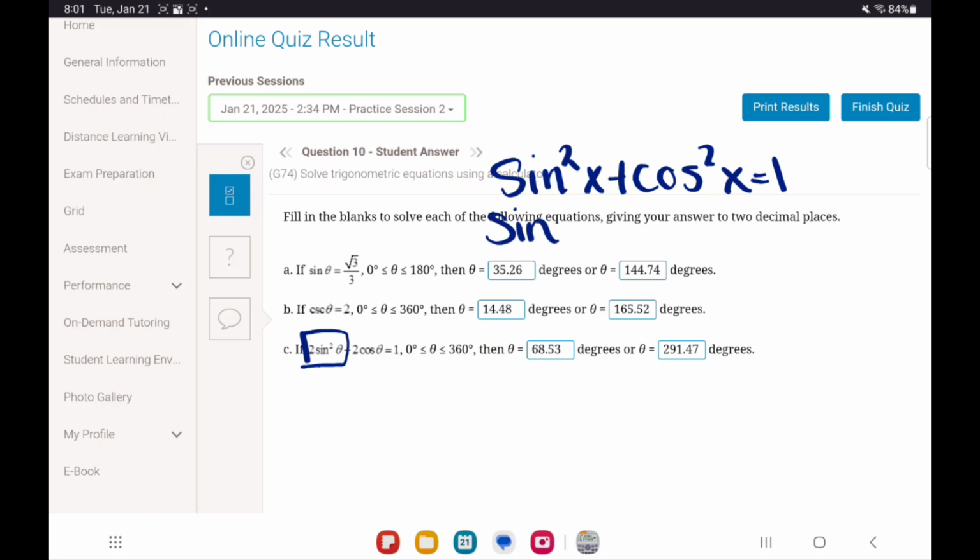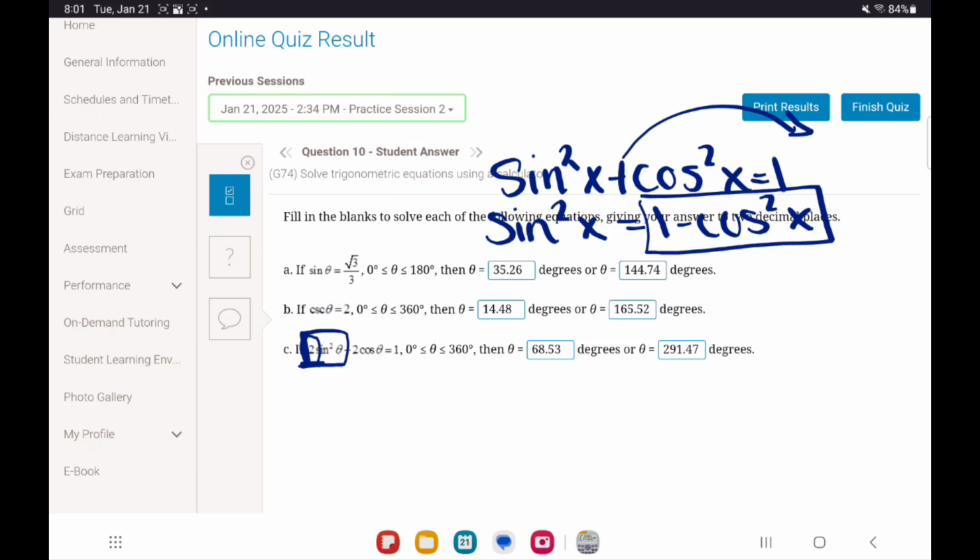So sine squared equals, we move this to the other side, which is cosine, so 1 minus cosine squared x, okay? So let's replace it. Oh, and whatever value is before it, most of the time it's 1, but if it's 2, if it's 3, if it's 4, you just multiply this whole thing by it. In this example, it's times 2. So you multiply it by 2, okay?